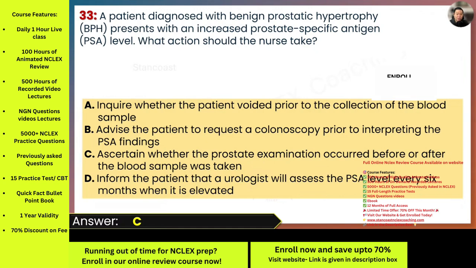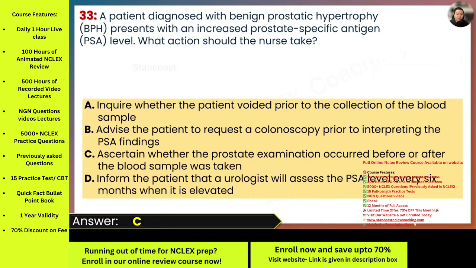And so this should warrant more frequent follow-up to determine the cause of the elevation and also to monitor for any changes that could indicate more serious conditions, let's say maybe a prostate cancer. And so it is not appropriate to wait 6 months before rechecking the PSA level if it is already elevated.